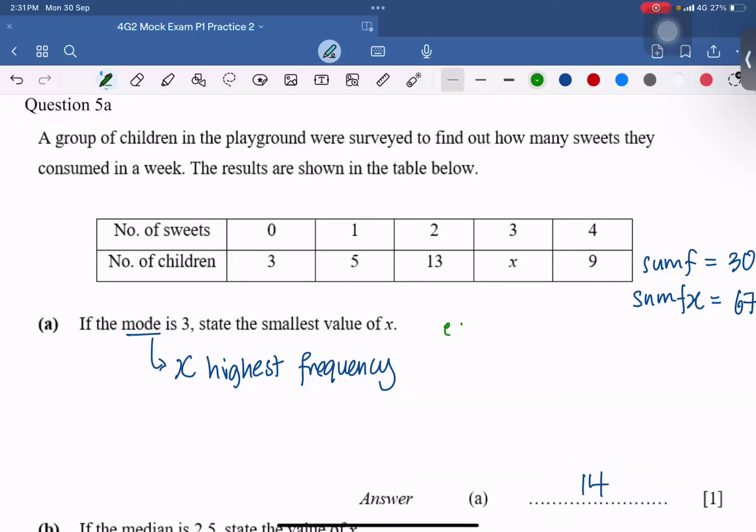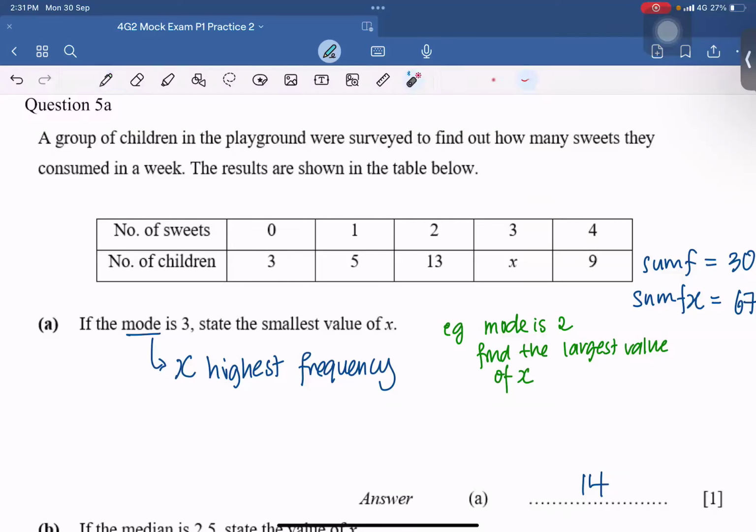Another example, if mode is 2, find the largest of X. So if the mode itself is the number 2, that means this 13 must be the highest vote.